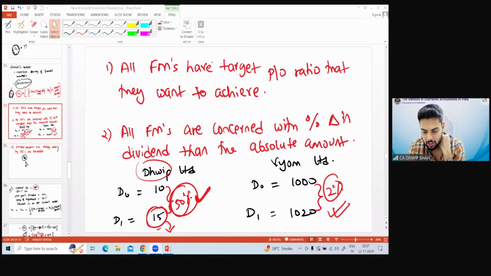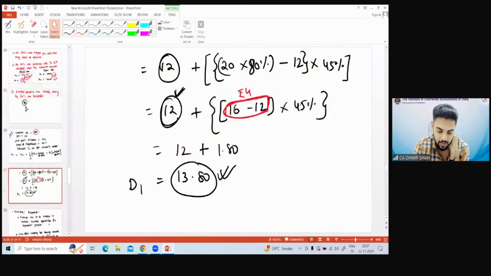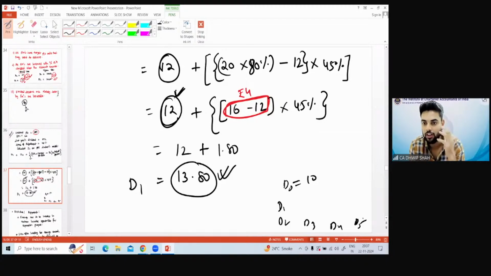Constant dividend and constant growth dividend. Constant dividend means the dividend amount remains the same every year. If the last dividend paid was 10, every year it would be 10 only. D1 10, D2 10, D3 10, D4 10, D5 10. Constant growth means the growth rate in dividend is constant.